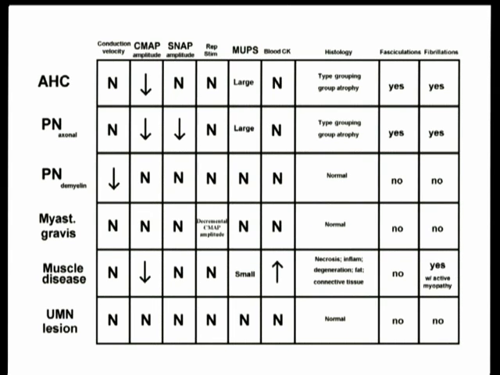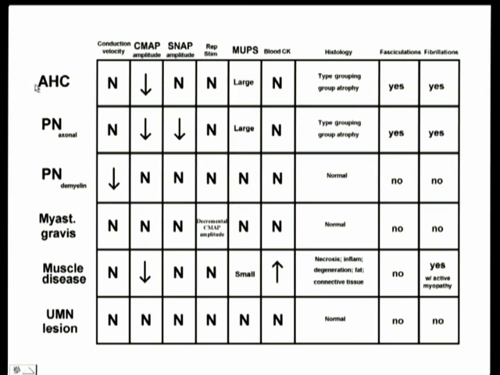Now I'd like to talk about this chart that is a really good summarization of all of Dr. Lotz's material. So what I'm going to do is go across from left to right here, and we'll briefly discuss each one of these boxes. First, we're going to talk about anterior horn cell disease. That is, this would be in the spinal cord.